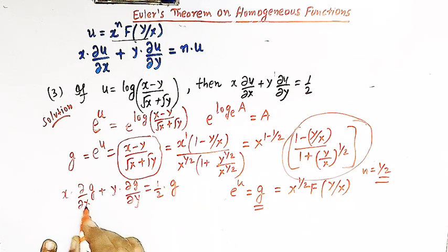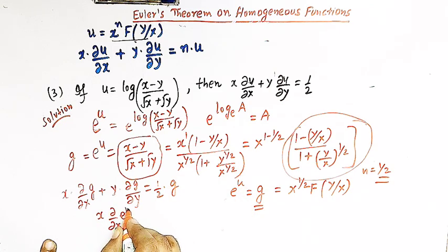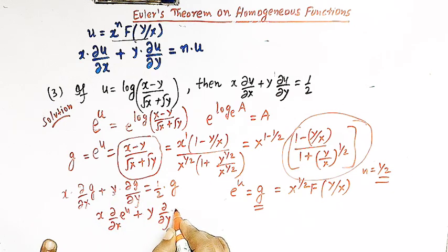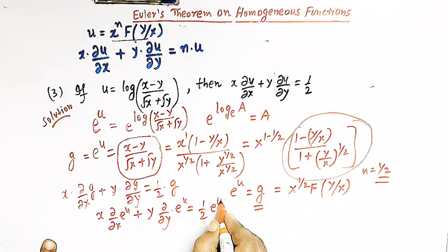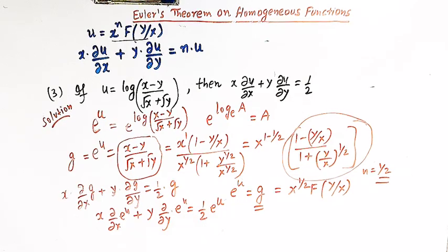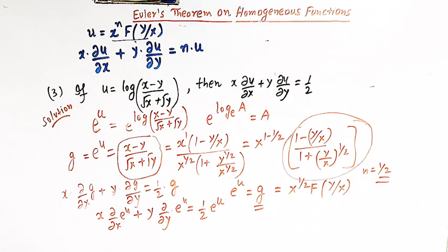So now we can substitute the value of g as e raised to u. So we have x del over del x of e raised to u, then we have y and del over del y of e raised to u, and here we have half e raised to u. So now let us differentiate e raised to u with respect to u.